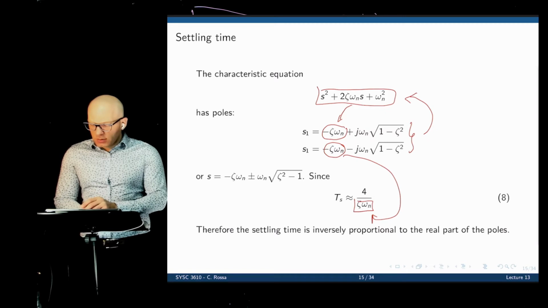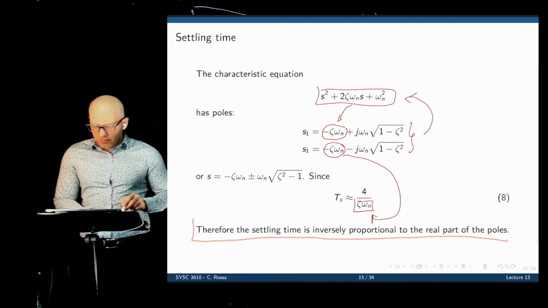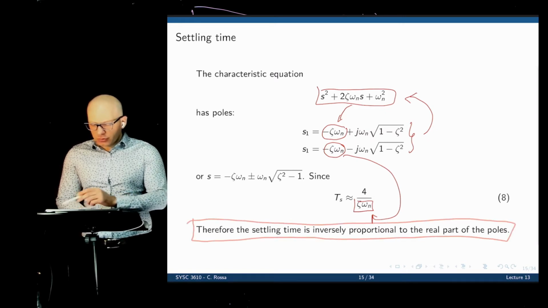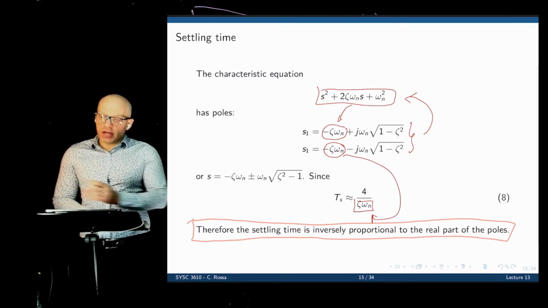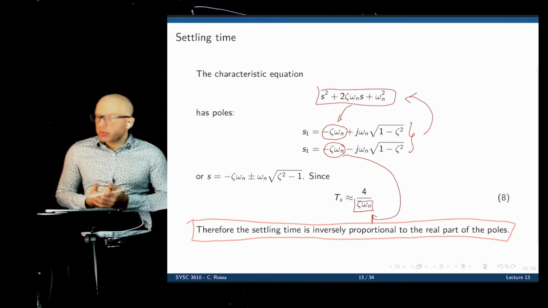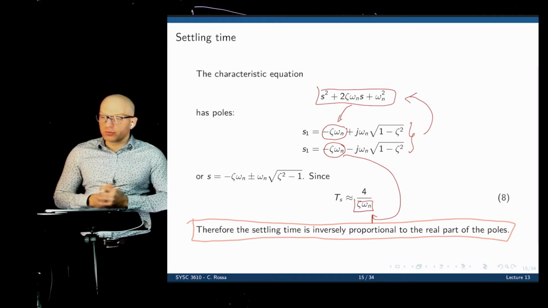So what can we state? We can say that the settling time is inversely proportional to the real part of the poles. Another way to say this is the farther the poles are from the imaginary axis, the faster the system responds. The farther they are from the imaginary axis, the bigger their real part is, and then they move to the left.